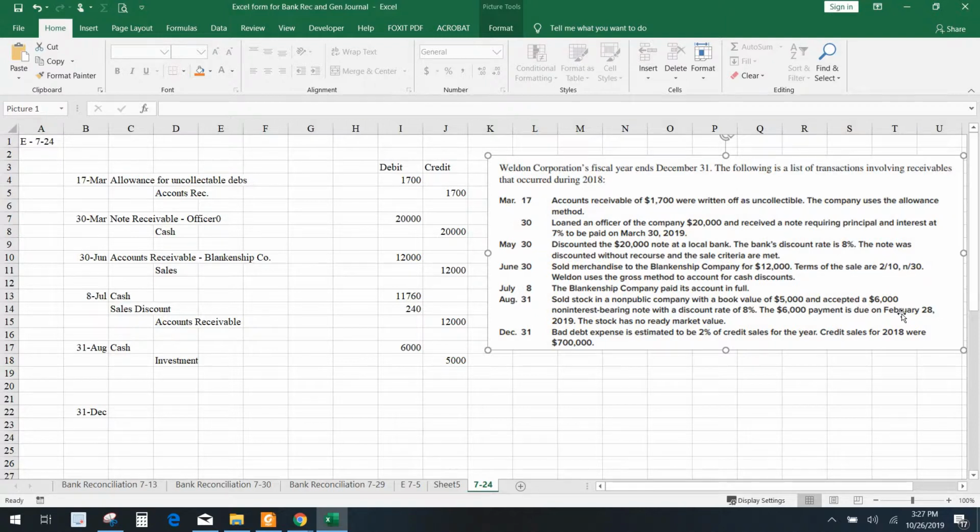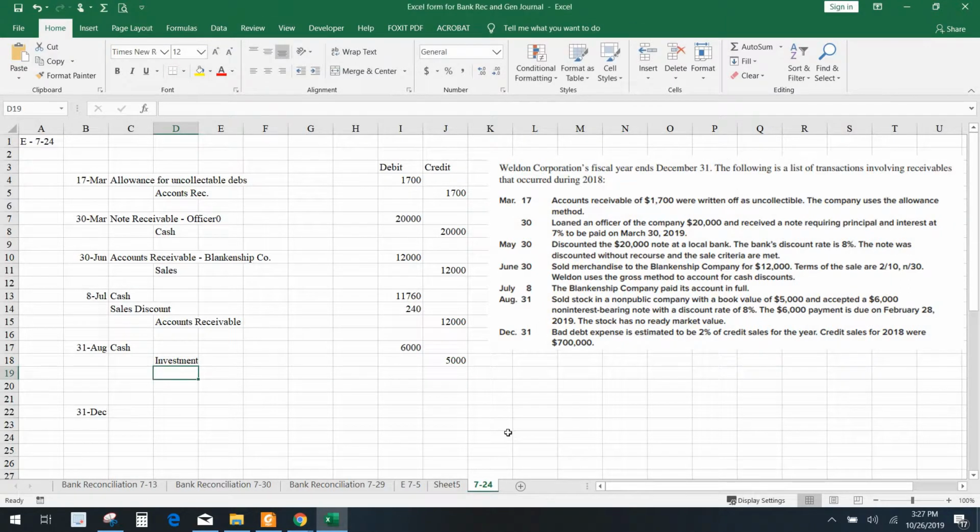Pardon me. Let me say that again. We have to calculate the months between February and August, and that's only 6 months. So it's March, April, May, June, July, and August. So that's 6 months.